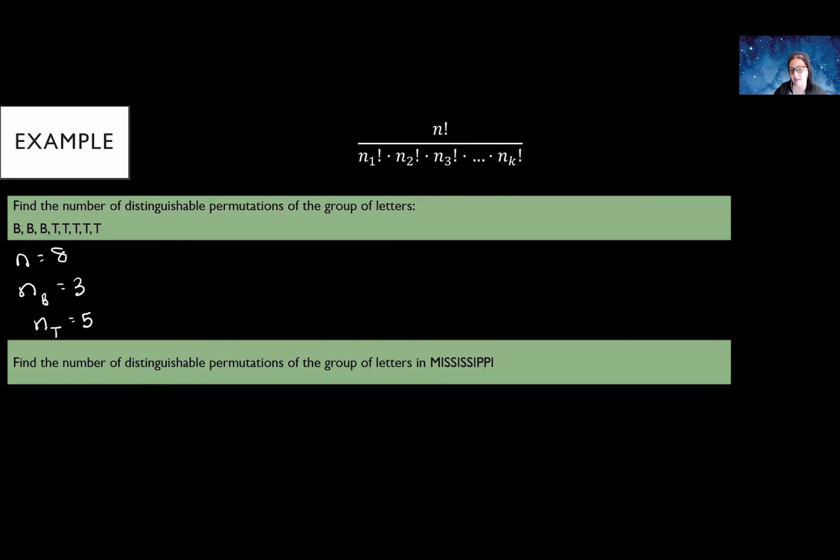So just to back up, the 3 B's and the 5 T's, like in the other example you had Mississippi, and prior to that you had root. Are these just random letters that you picked? Yes, they're just random letters to demonstrate this.